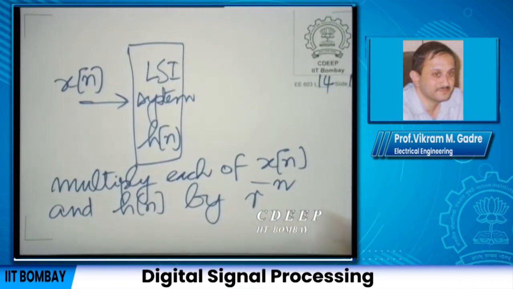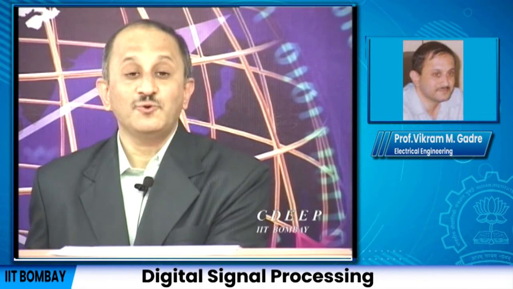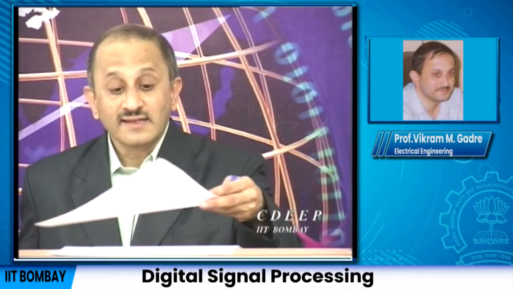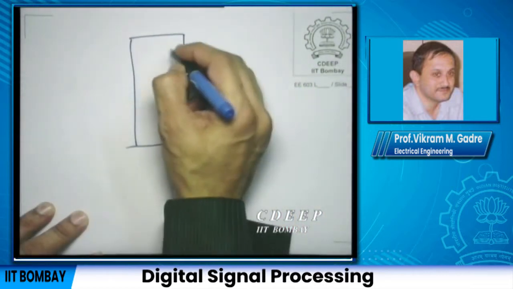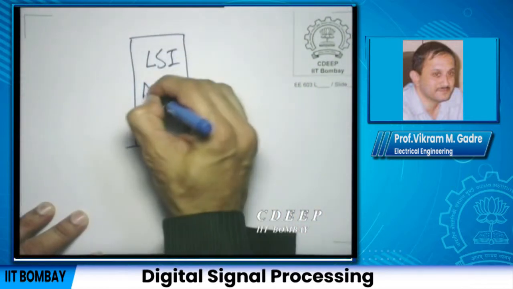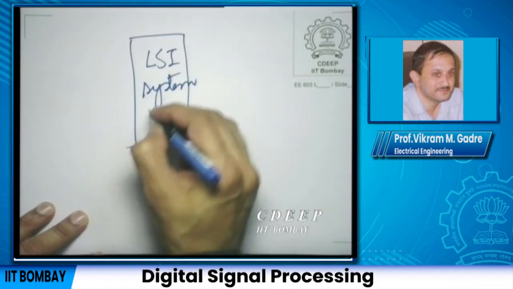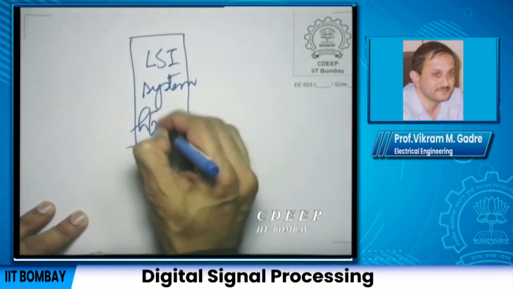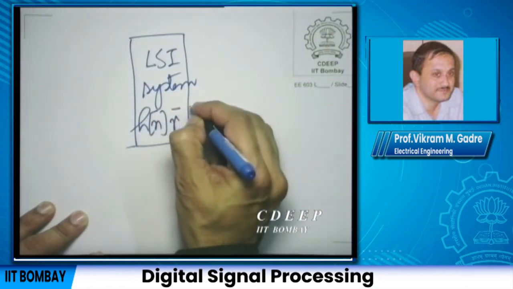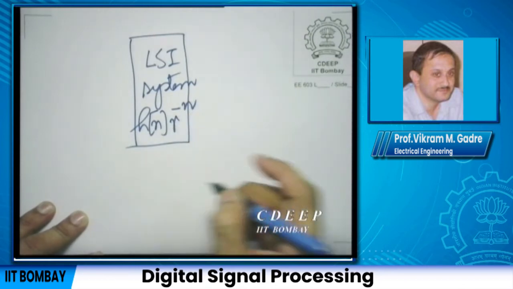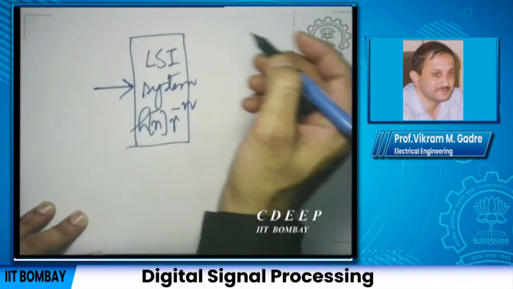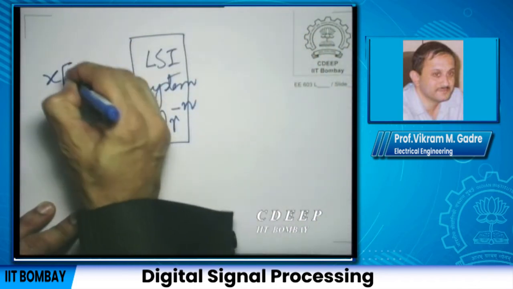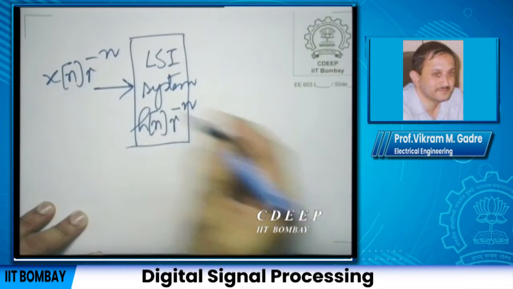And now you can use the property of the discrete time Fourier transform. So, you could now treat, you see the beauty is that now the same LSI system, but now the impulse response should be viewed as h n r raised to the power minus n, and here we have x n r raised to the power minus n given as the input.